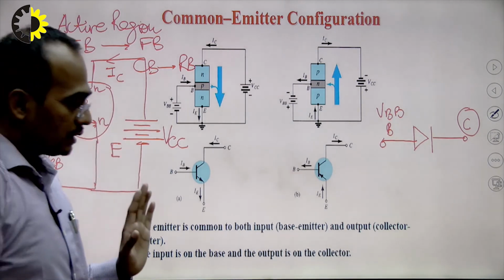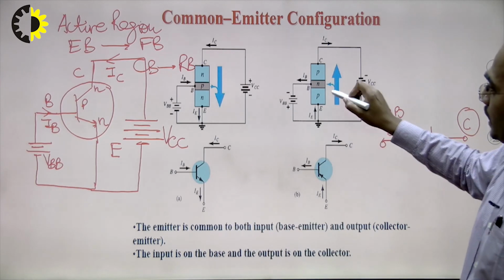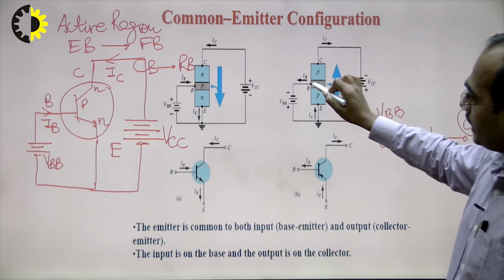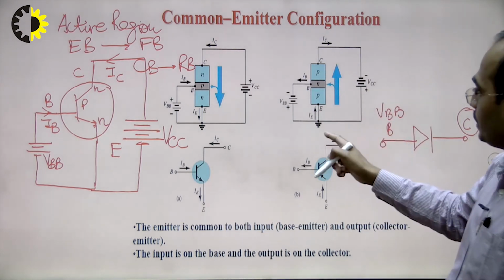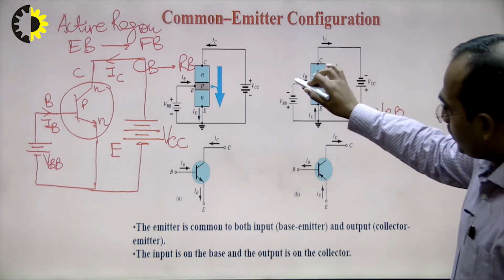Similarly, for the PNP transistor, we can make the emitter base junction forward bias by connecting the N side, or base, to the negative terminal of the battery and the emitter to the positive terminal of the battery. So, we can make the emitter base junction forward bias.